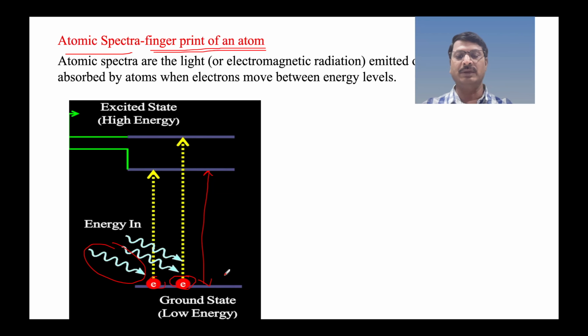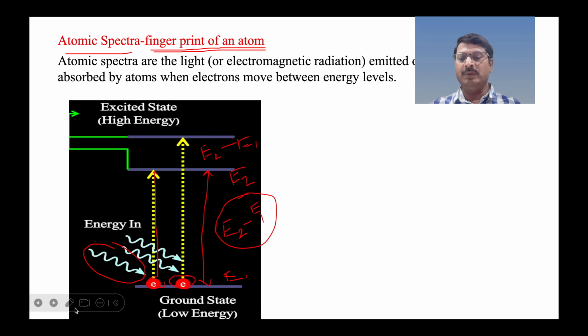So for example, let us take E1 and E2. They have some energy difference that will be equal to E2 minus E1. So that amount of energy will be absorbed by the electron. When this amount of energy is absorbed by the electron, immediately the electron will be promoted to this energy level, from E1 to E2.